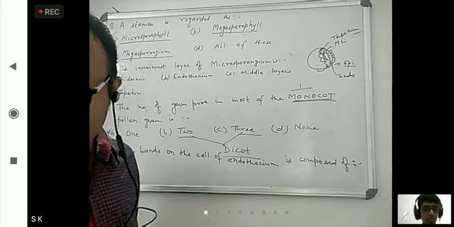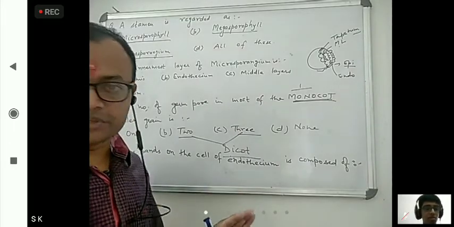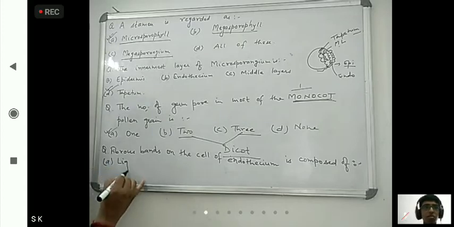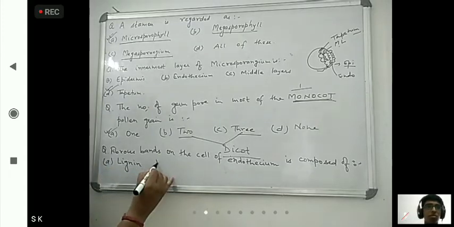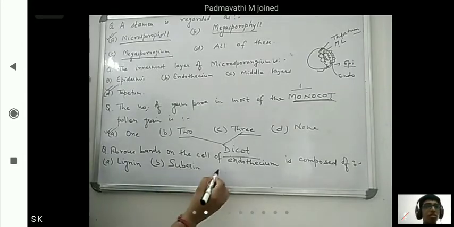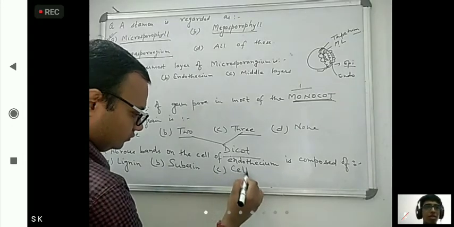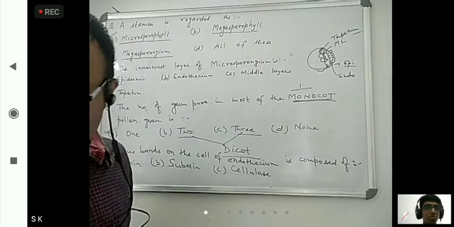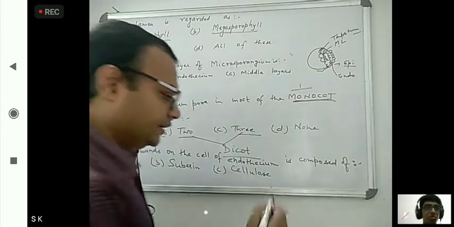First option is lignin, second one is suberin, third one is cellulose, okay, and fourth one is pectin.